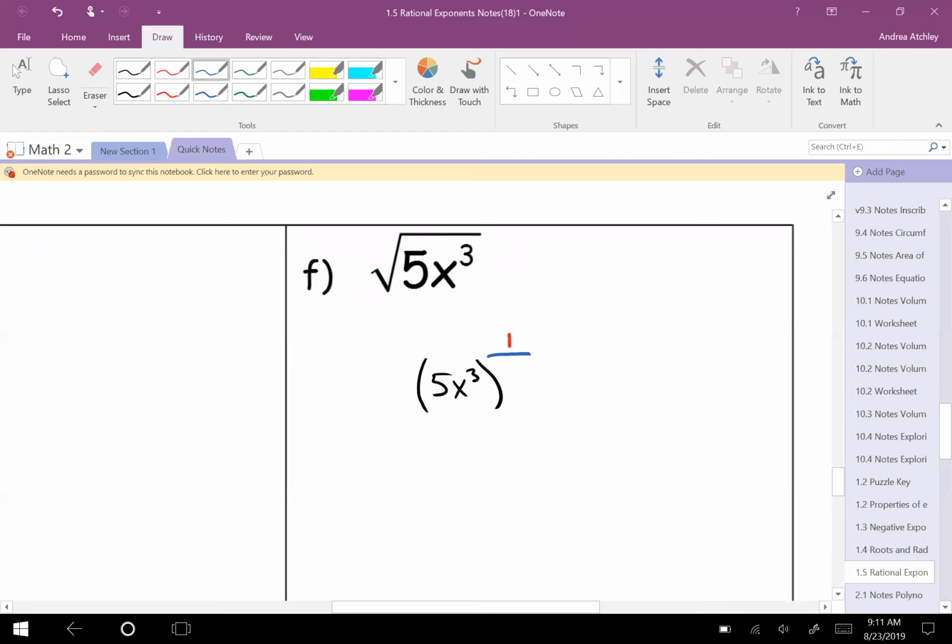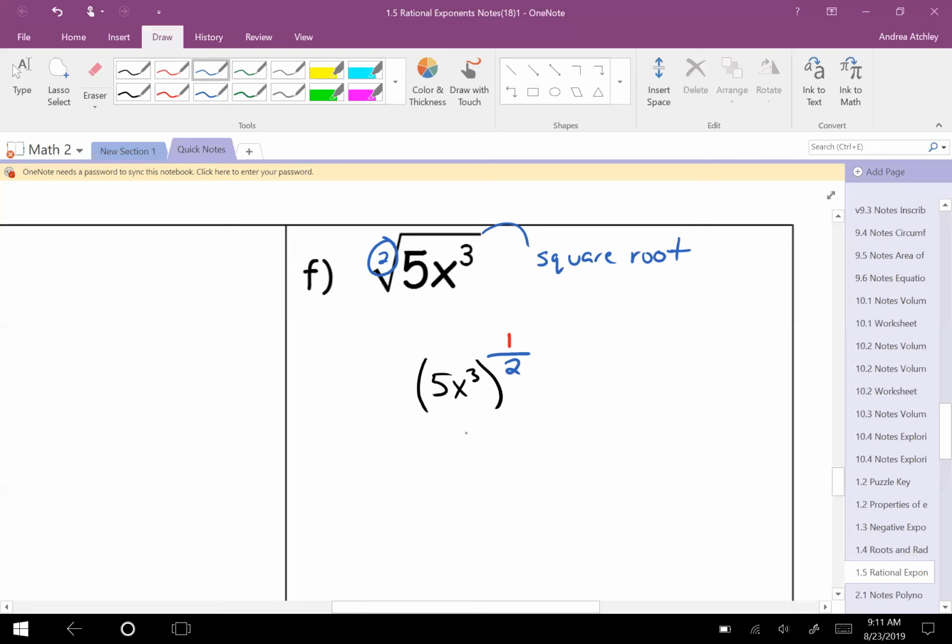And then what's the root? If there's nothing there, what is it? 2. It's a square root, right? Remember, this is a square root. Okay? It's not written in. We're assuming that you know the radical means square root unless otherwise told. Any questions over that?